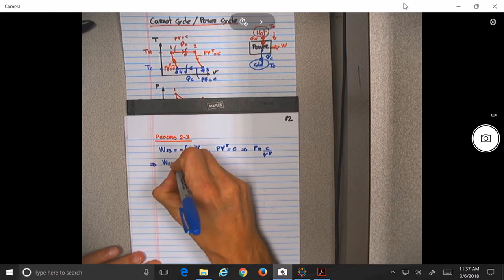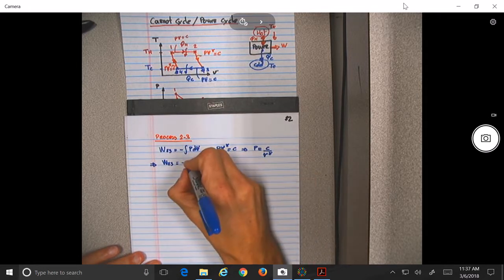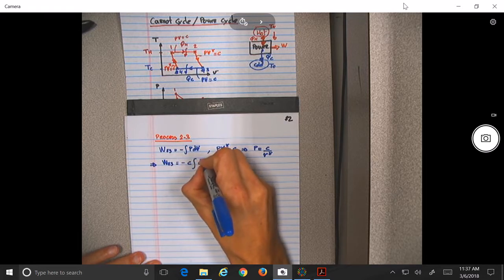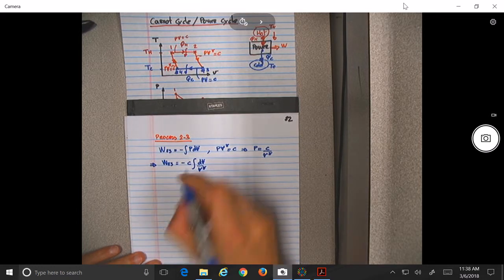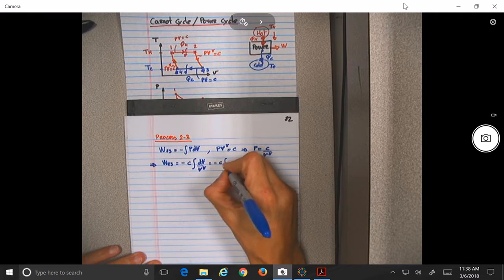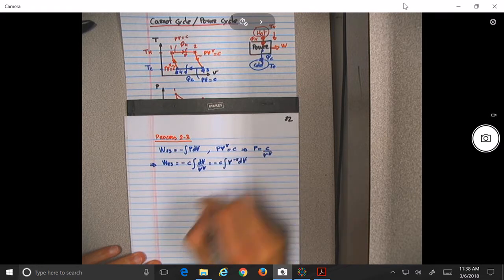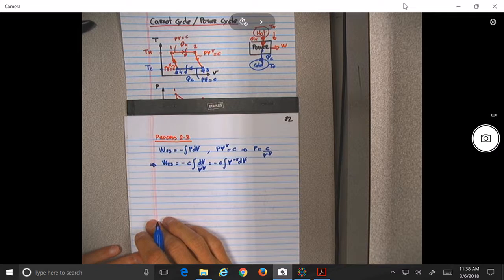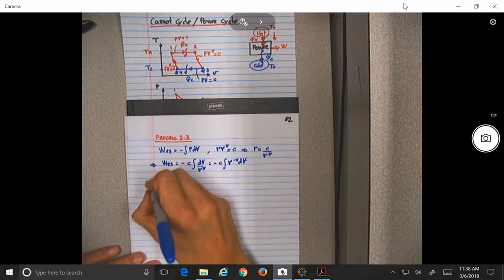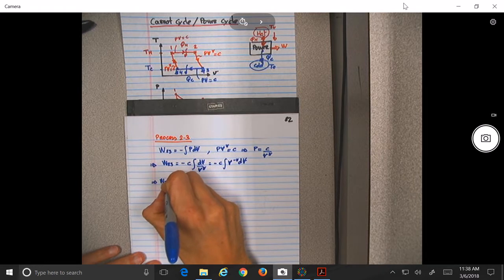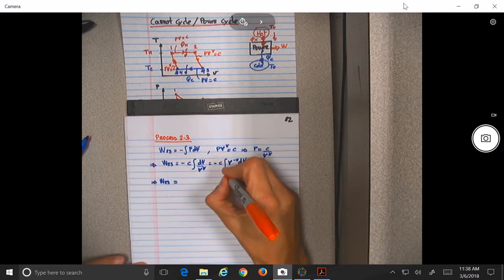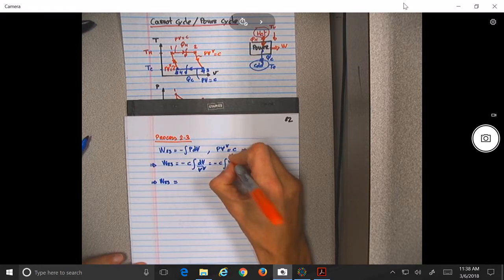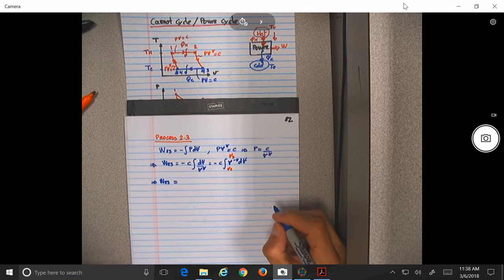Work 2, 3 equal to minus C dV over V to the gamma, which is equal to minus C V to the minus gamma dV, and this is between V2 and V3. So basically what do we get over here?